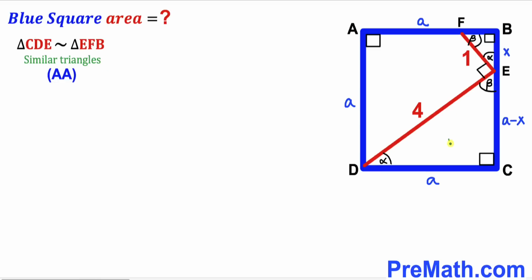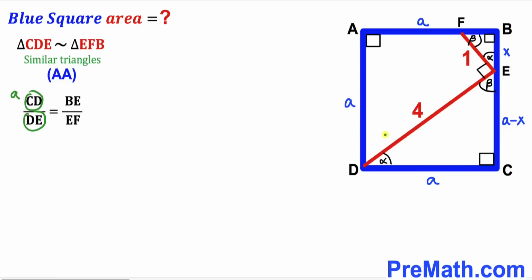Since both of these triangles are similar, we are going to have a proportion. In other words, the ratio of side lengths CD and DE is equal to the ratio of side lengths BE and EF. Now let's focus on this. CD length is represented by lowercase a, so I'm going to replace it with a.